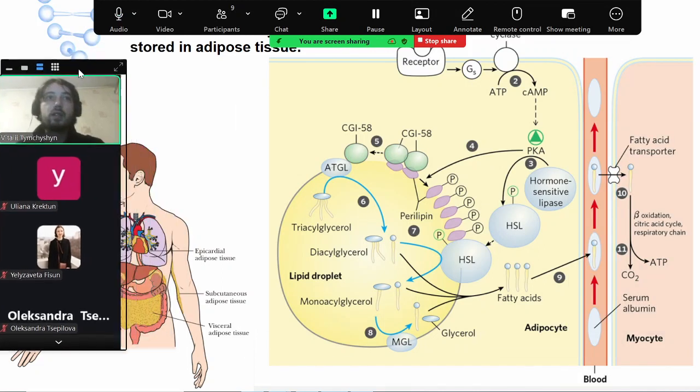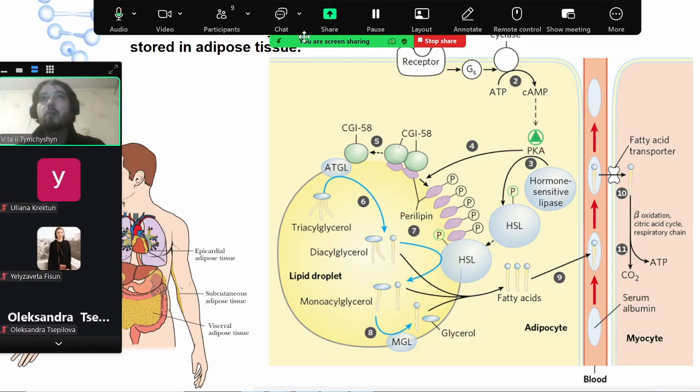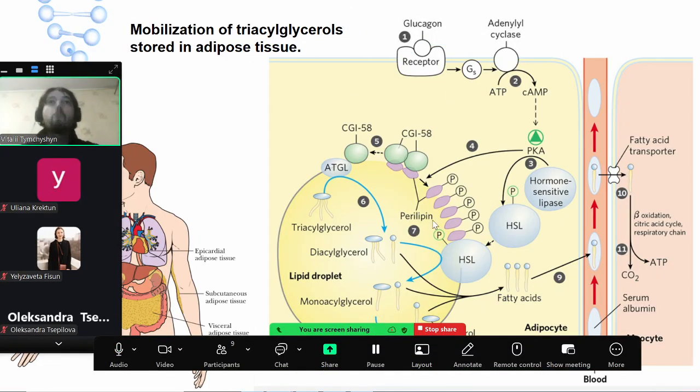And here is the example of the metabolism when we want to mobilize those triacylglycerols and use them for getting some energy. So here you see a glucagon receptor that basically starts that sort of cascade. I hope you remember two hormones, insulin and glucagon.